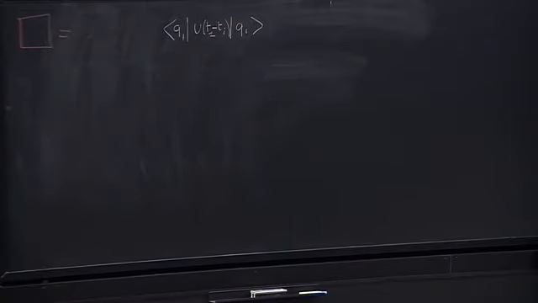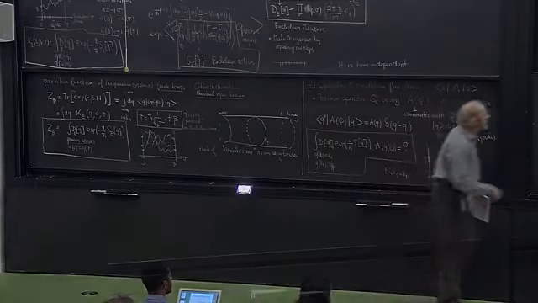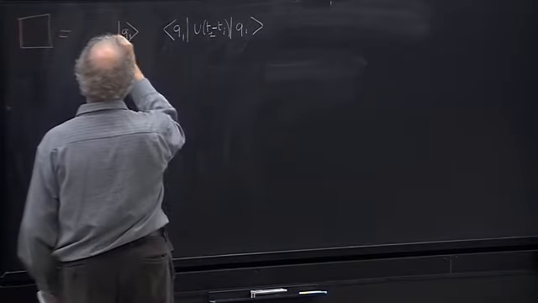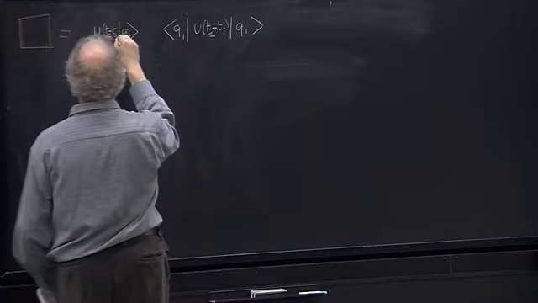This other path integral is the matrix element between q1 and q final of U of tf minus t1.